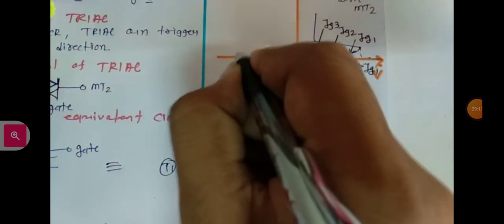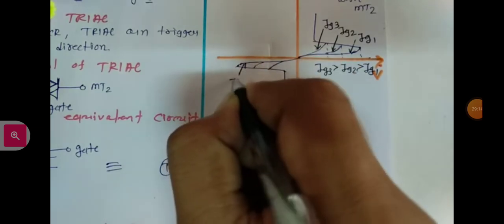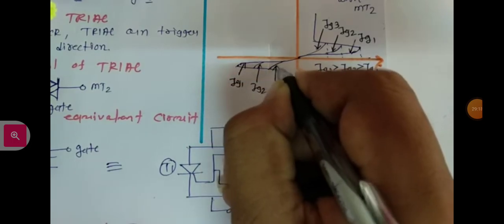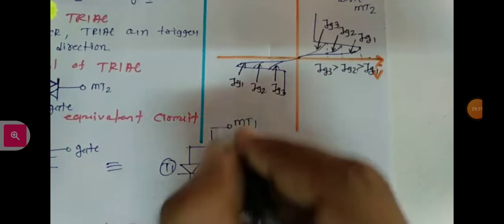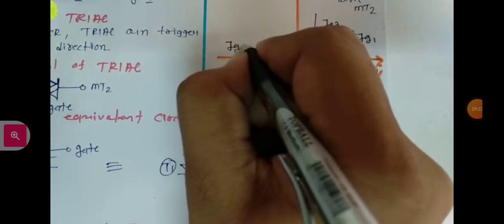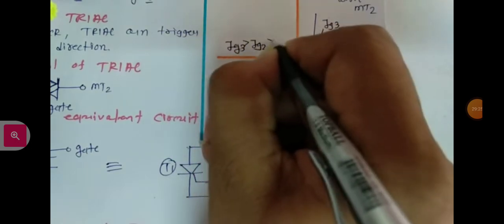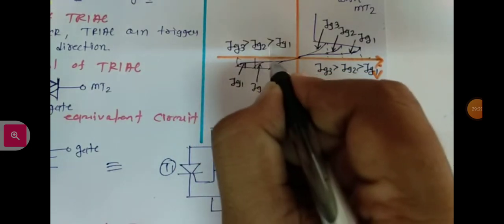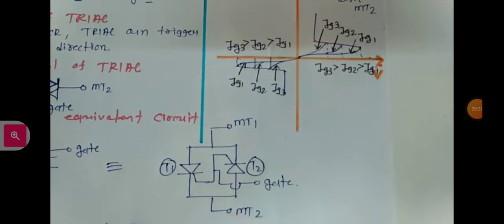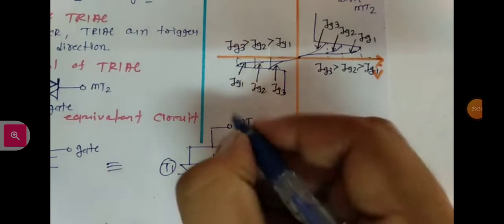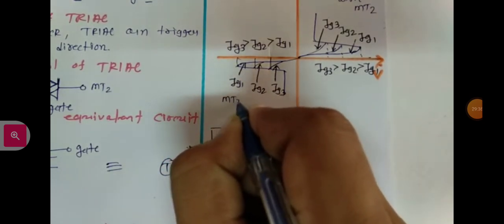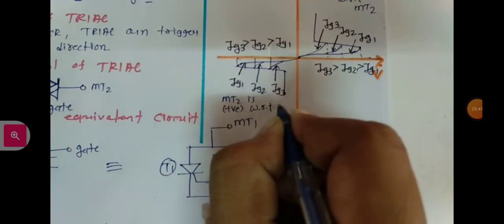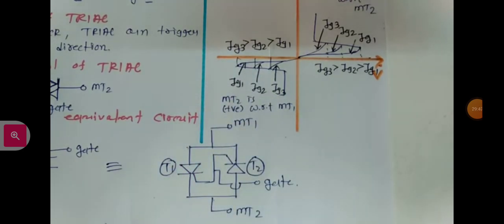Let us say this is for IG1, this is for IG2, and this is for IG3. So here IG3 is greater than IG2, which is greater than IG1, where forward breakover voltage decreases as gate current increases, and that is the case for MT2 positive with respect to MT1.